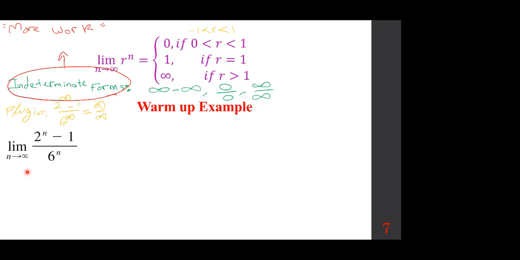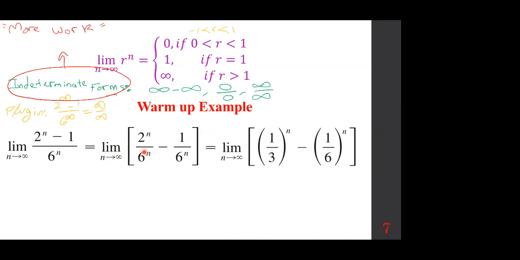Let's cut this into 2 fractions. As you can see, this is one of them, and this is another one. This one is 2/6, which means (1/3) to the power of n. This other one, even if you left it like that, 6 to the power of n goes to infinity and 1 over infinity is 0. But you can also write it as (1/6) to the power of n. So we are taking the limit of (1/3) to the power of n minus (1/6) to the power of n.